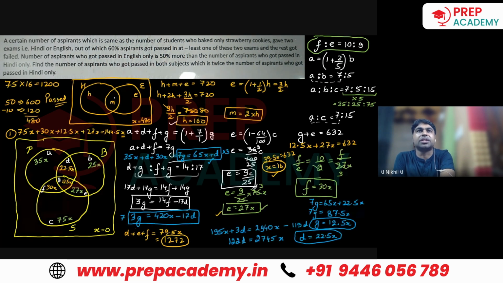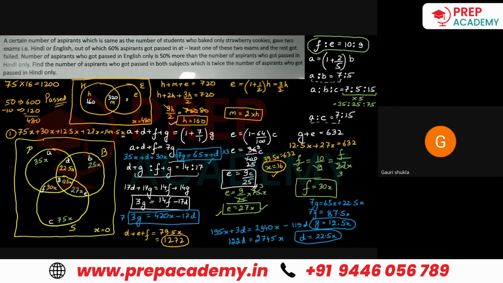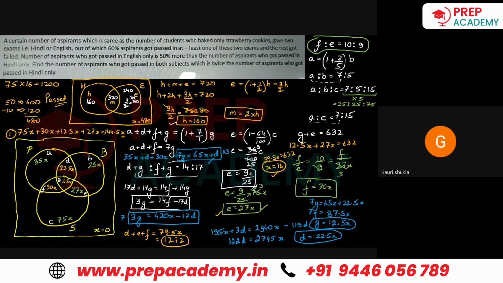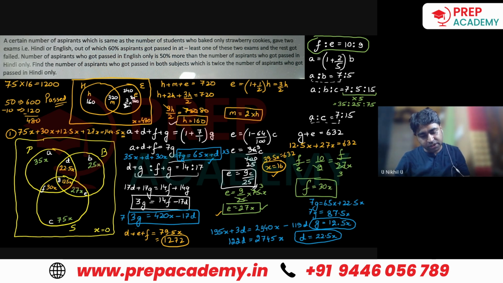M is 2H, so 320. So 320 would be your answer. 3 by 2 of 160 would be 240. So if H, M or E is asked, you could have answered easily. Understood now?